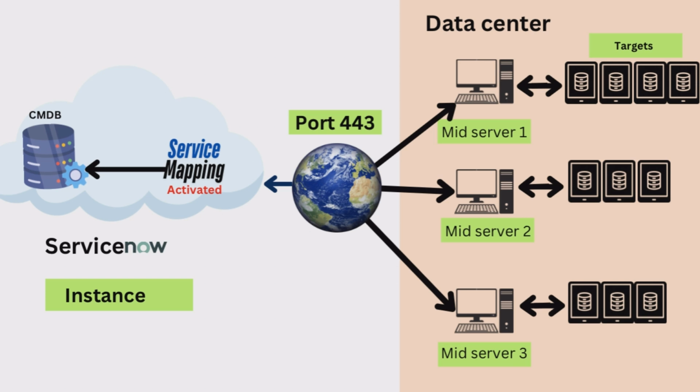It communicates with the instance via the port 443 encrypted HTTP. And you will notice the arrow goes from the mid server to the instance, and that's intentional because the instance does not initiate communications with the mid server. The mid server initiates communications with the instance.